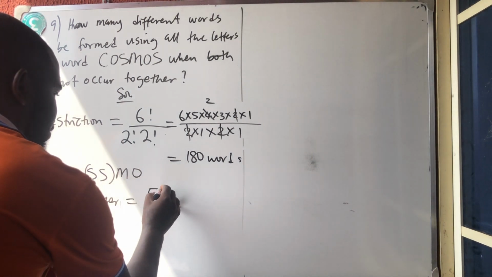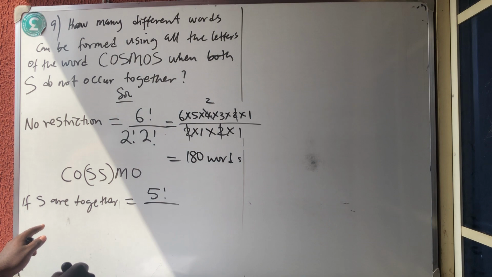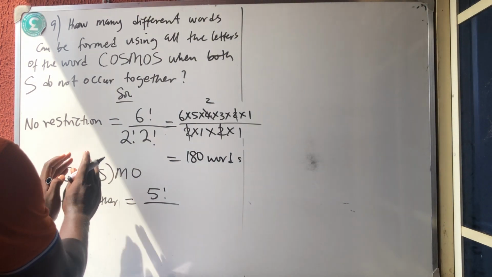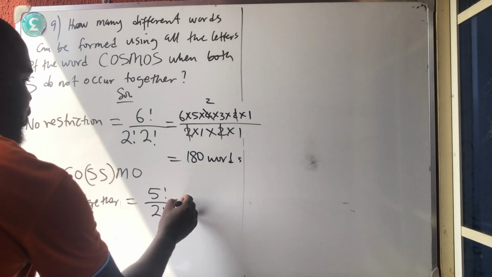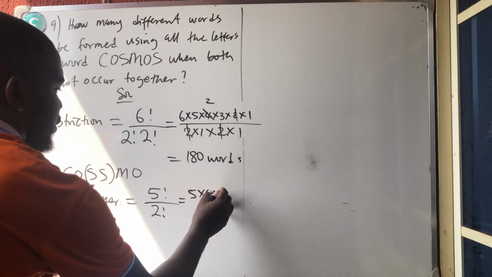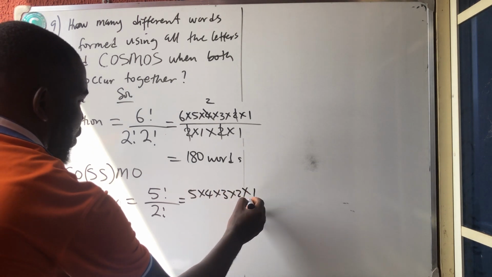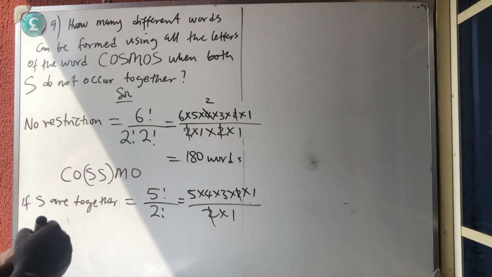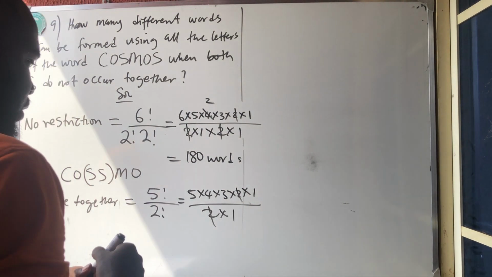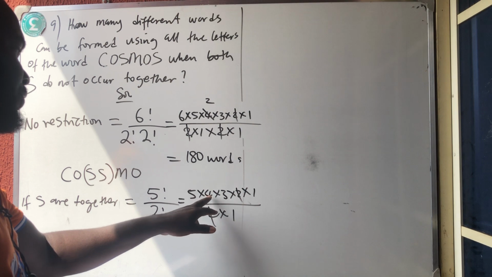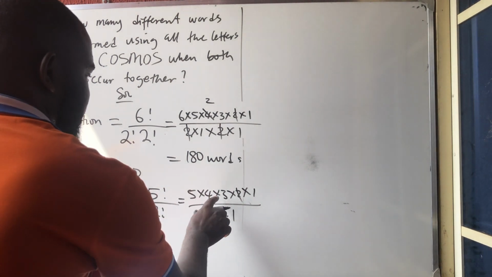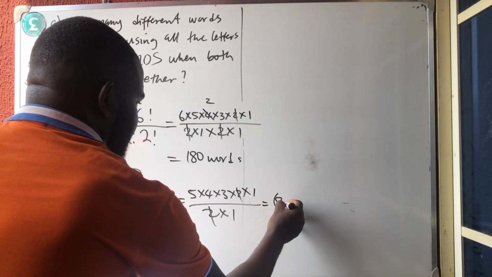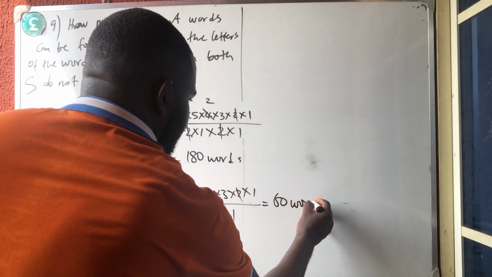That is 5 factorial all over. Is there anyone that is 2? Only O is 2 because these people are now together. So I'm having 2 factorial. So what do you have? 5 times 4 times 3 times 2 times 1 all over 2 times 1. So 2 take care of 2. So I'm having 4 times 5, 20. 20 times 3 is 60 words.